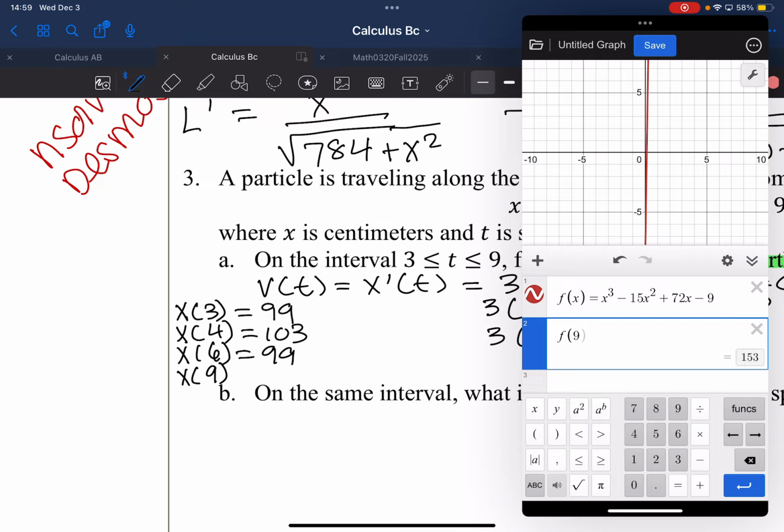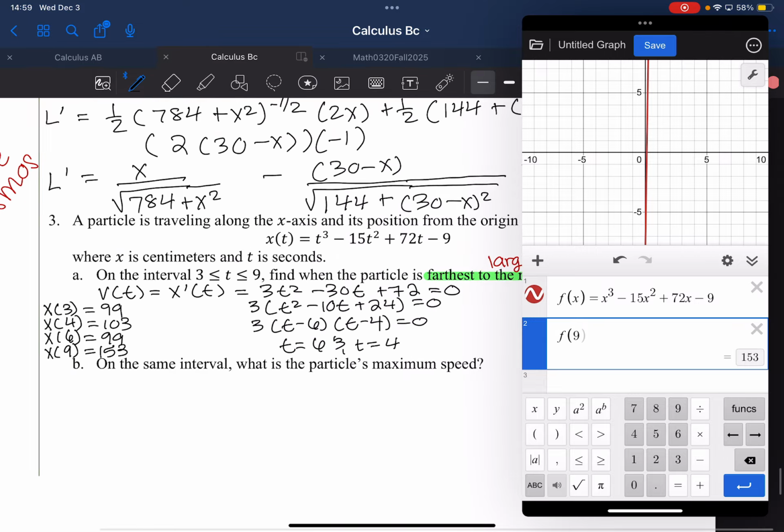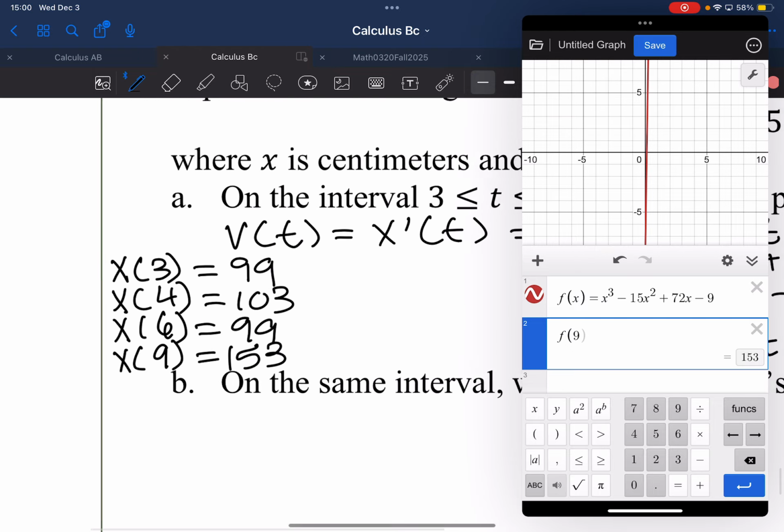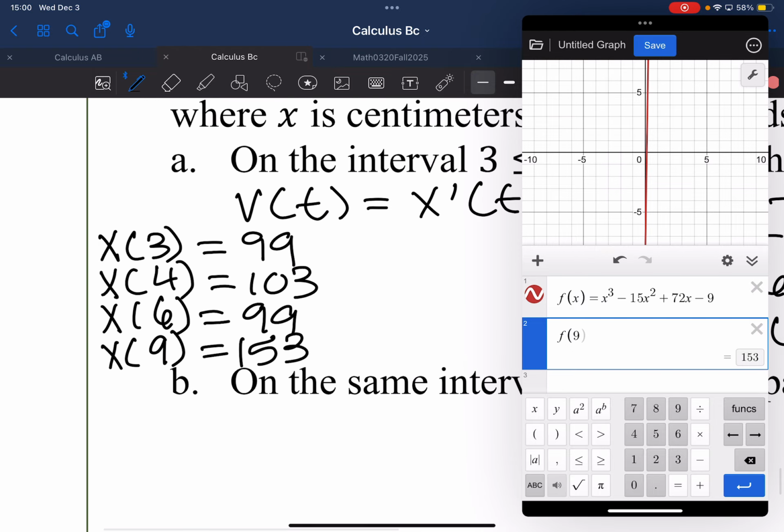And then 9, 153. And remember, I said the furthest to the right means the largest value. So which t value gave us the largest value? 9. T equals 9. So this is when t is equal to 9. So this is our answer right here. X of 9 equals 153, and that is when t is equal to 9.